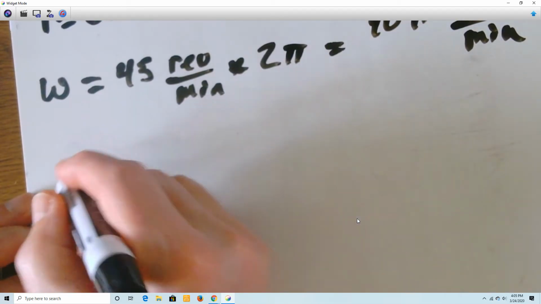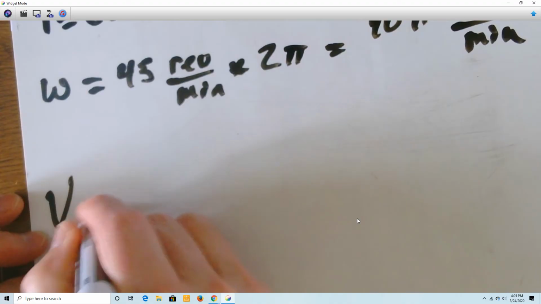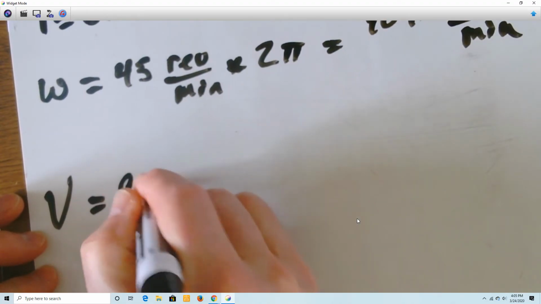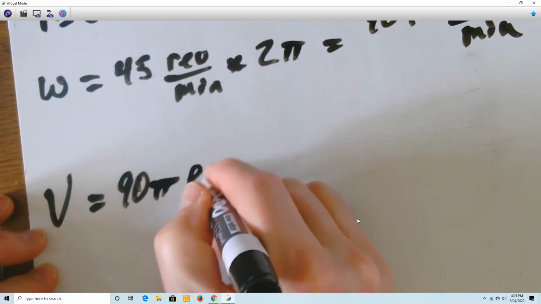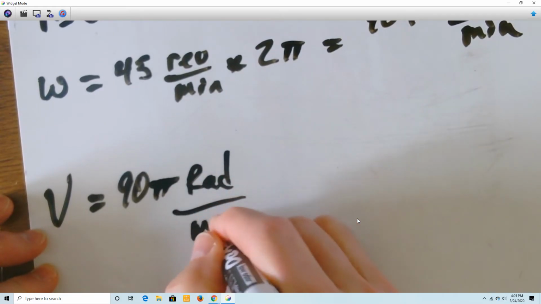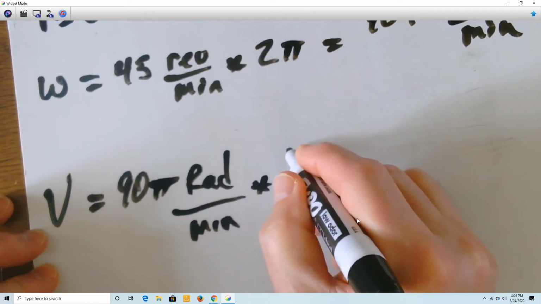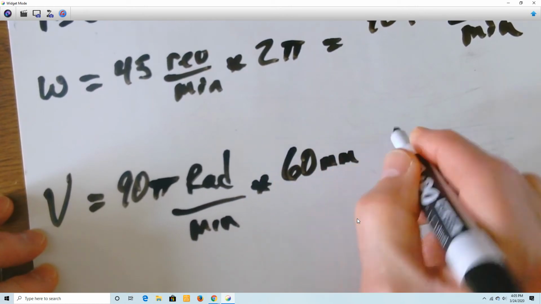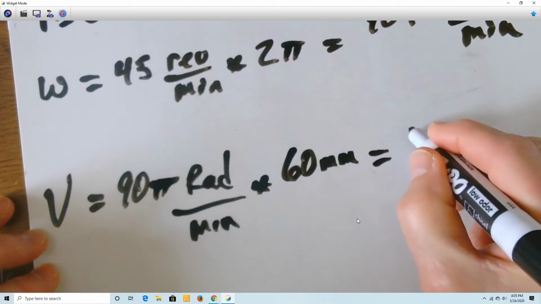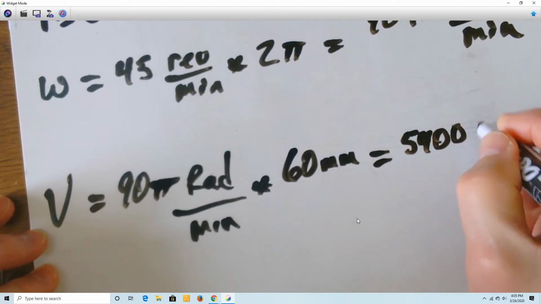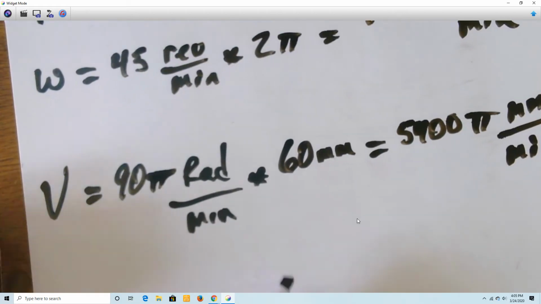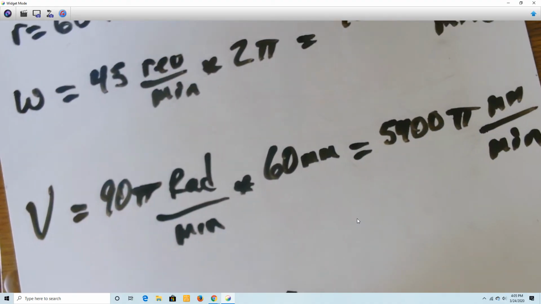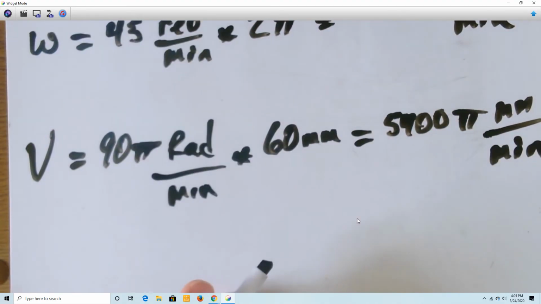All right, so now to find the linear velocity, V, we're going to take that answer, radians per minute, and multiply it by the radius, which is 60 millimeters. So that gives us 5,400 pi millimeters per minute as our linear velocity.